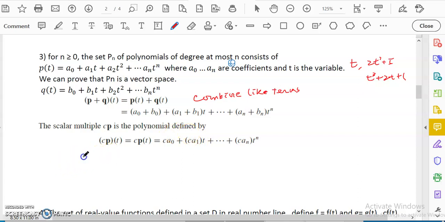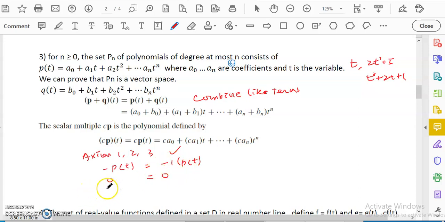You can clearly see that axioms 1, 2, 3 follow directly, because when you add them, you can add them in any order you want because of combining like terms. Axiom 4 is about 0 and negative. The negative of p of t would just be negative 1 times p of t, right? And 0 is actually just 0, so 0 is in this space.